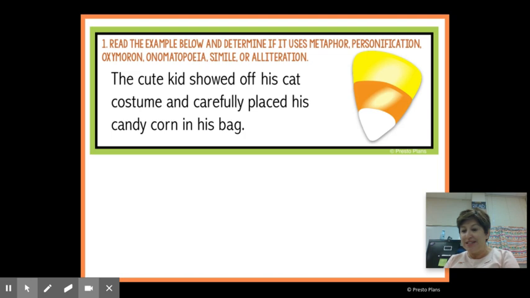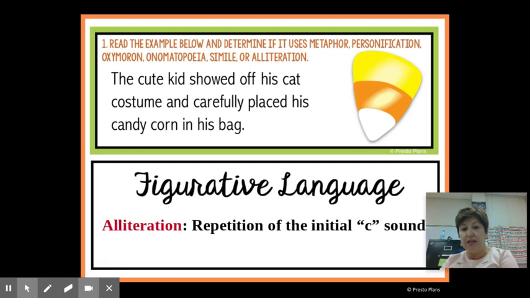So today we're going to take the opportunity of the day before Halloween to introduce some examples of figurative language. The first one we're going to talk about today is alliteration. Alliteration is the repetition of consonant sounds. Let's look at this example.